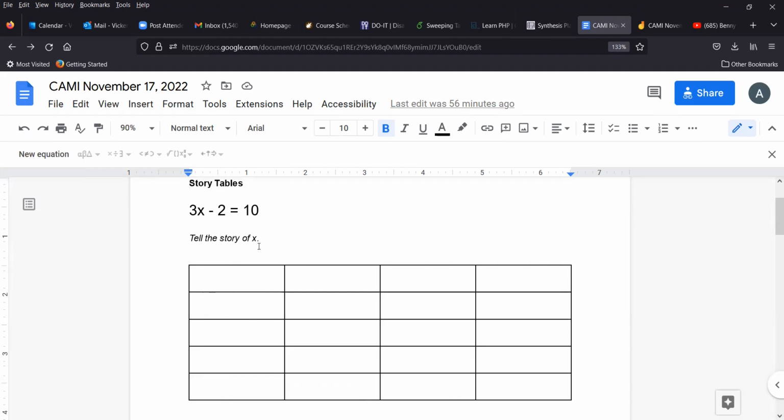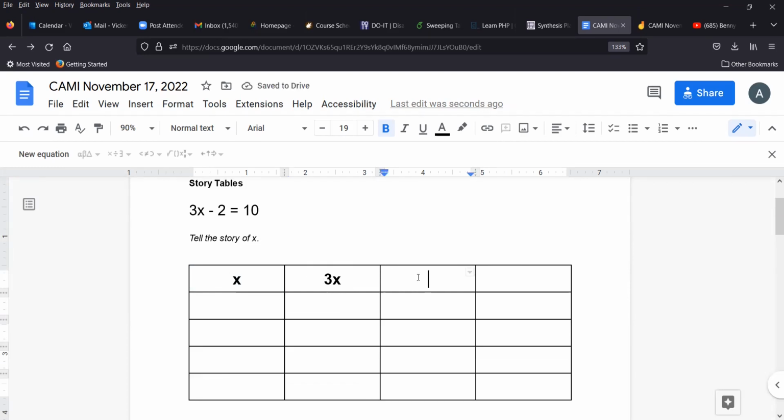So by story table, we're telling the story of X as it moves through this equation. In the first column, we just have X because that's our variable, what we're trying to find. The first thing that happens is it becomes 3x, it's multiplied by 3.